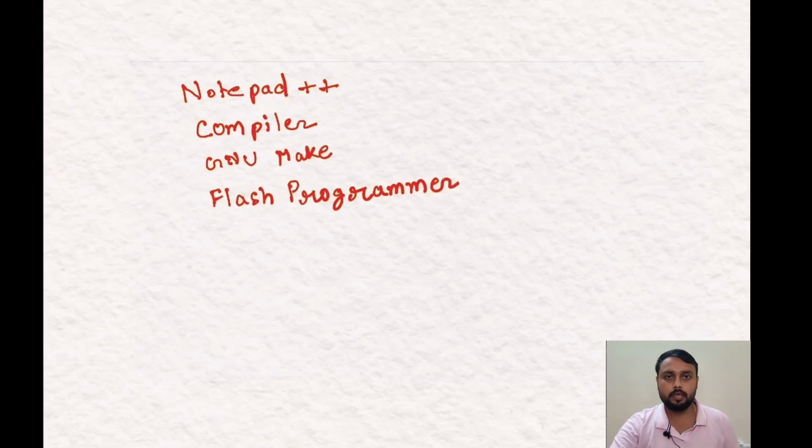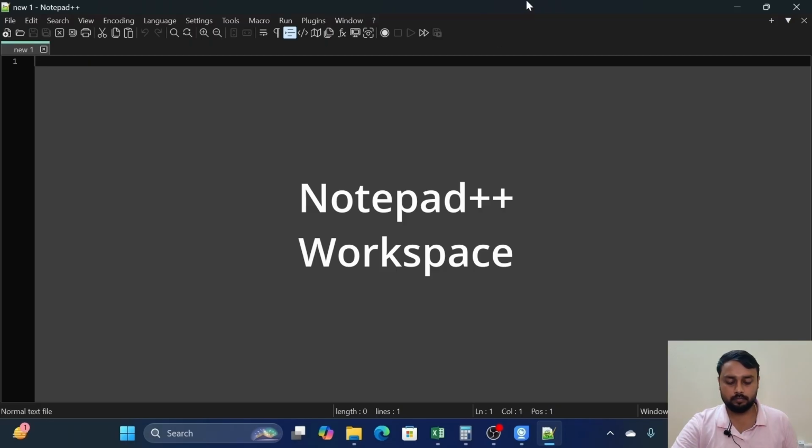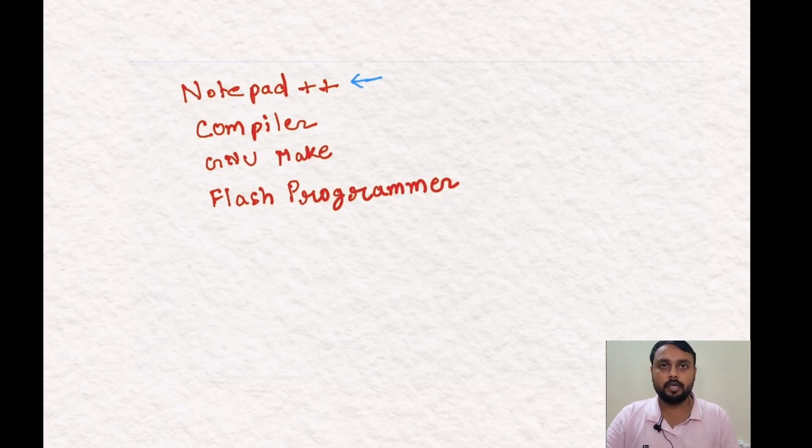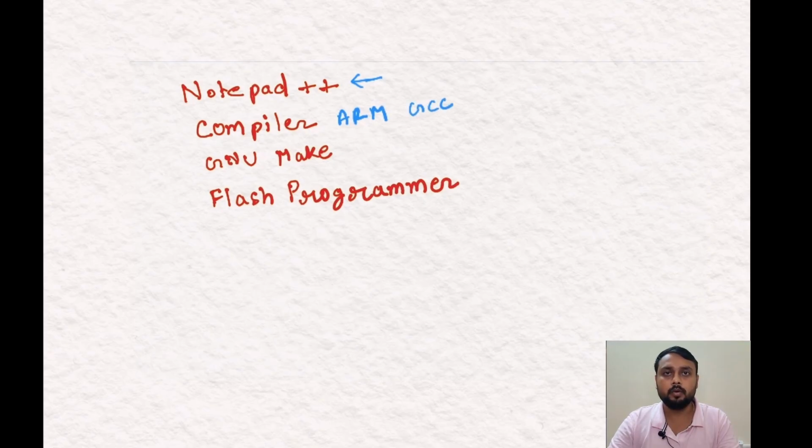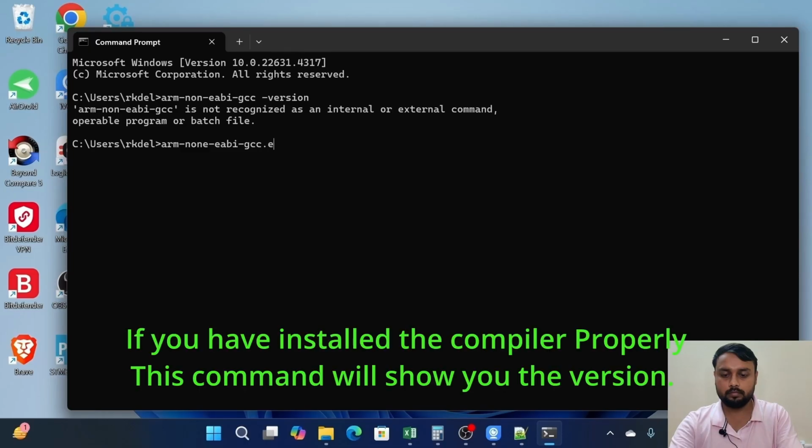Now we will see what different software is required for this project. First thing we need is Notepad++. After that, what we need is a compiler. Since we are using the STM32F407, which is based on an ARM core, we will be using the ARM GNU Cross Compiler.